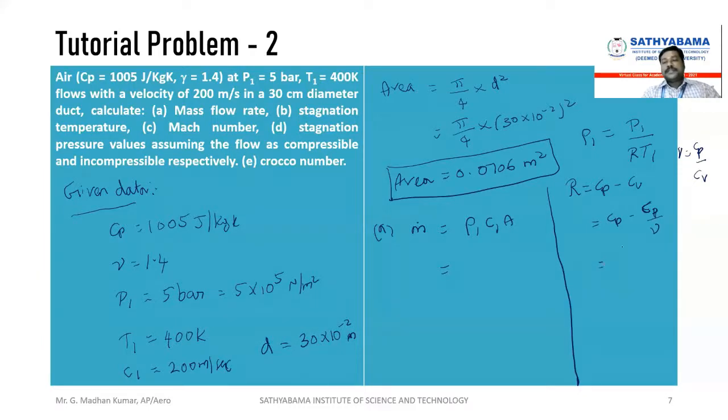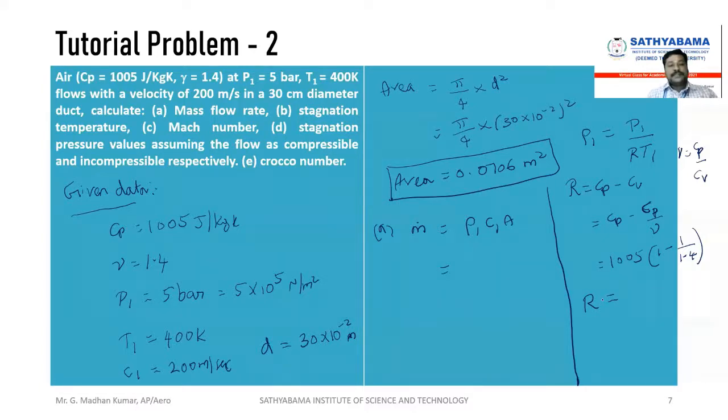So what is your Cp? You know the value of Cp now. It is 1005 times 1 minus 1 divided by gamma. Gamma is 1.4, so I'll substitute this. What is the value of R?